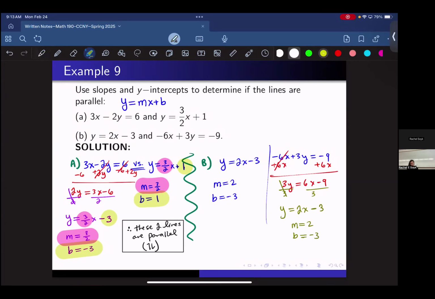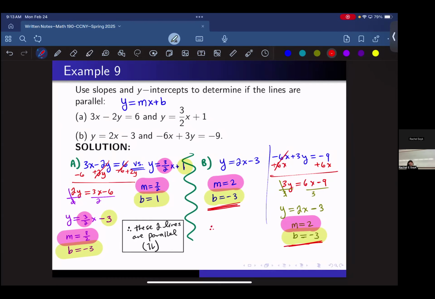Do we have the same slope? Do we have the same y-intercept? Are these lines parallel? They are not, because the y-intercept is the same. These are just identical lines.